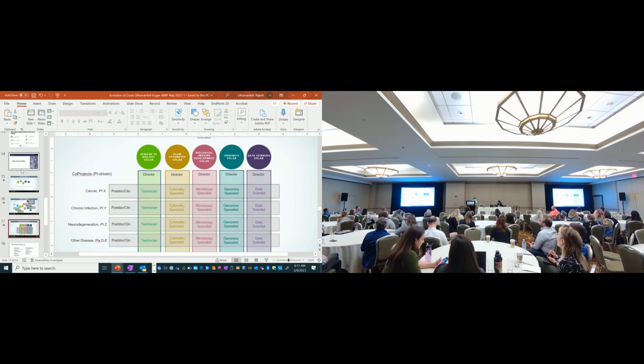But what they actually showed is the way that the Collabs project works is that there are individual projects that come in that have different specialists that work on different parts of the project. And so even though they are within a particular technology discipline, for example, the flow cytometry collab, which is the second column here, there are cytometry specialists in that core that work across different projects, right?